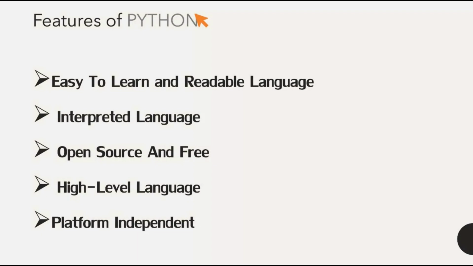Unlike binary codes and all, you can read the program and understand what it means. Suppose print hello world. This is a line we mostly use in Python for beginners. It says we have to print a string, a word, which is hello world. In our further videos you will get to know what a string is.